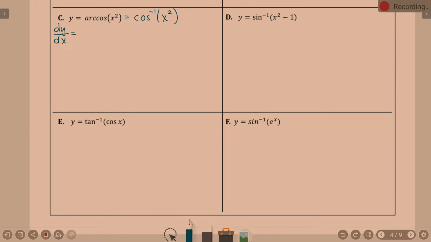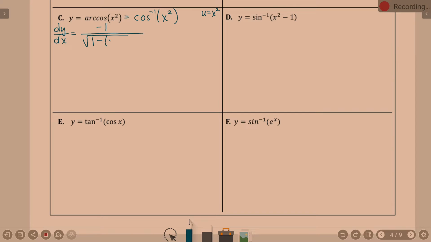And yes, if you need to, you can do that off to the side. So, u equals x squared. That's my inside piece, right? So what's the derivative of cosine inverse of something? Negative 2x over the square root of 1 minus x to the 4.